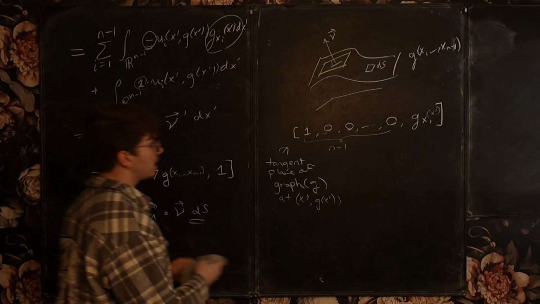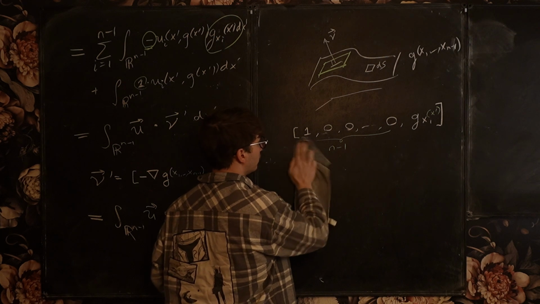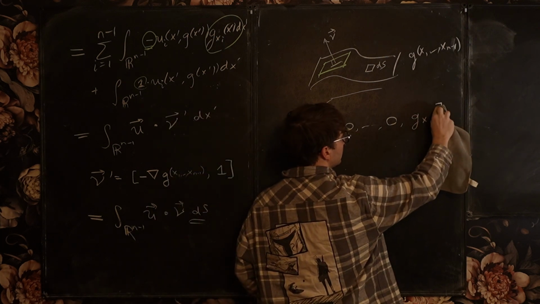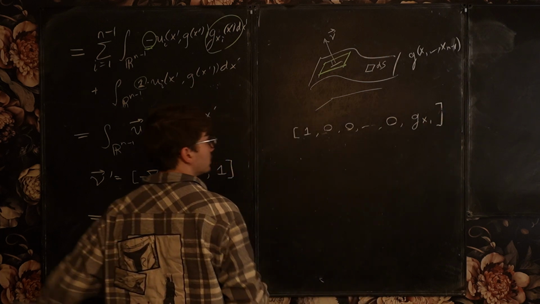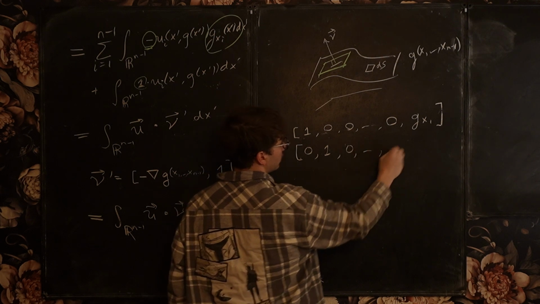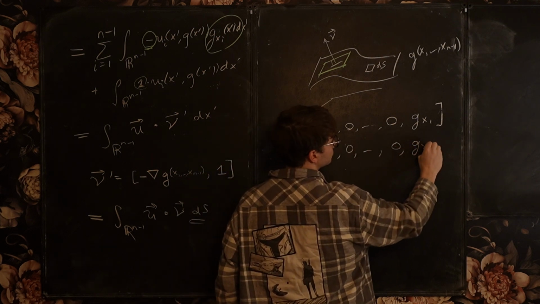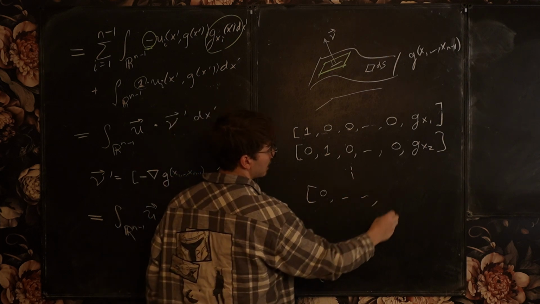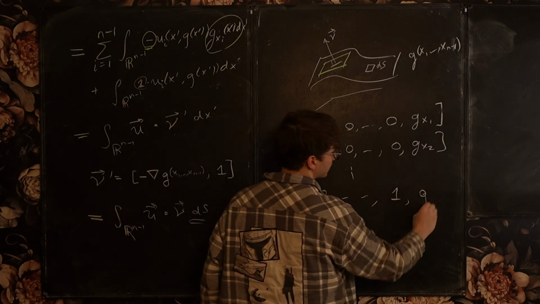And then by the same logic, there's actually a whole list of vectors which span the tangent plane, and we can write them out. So we have another vector, 0, 1, 0, all zeros, and then the partial of g with respect to x2. And then just repeat this all the way down and move over 1 in the xn minus 1 coordinate.